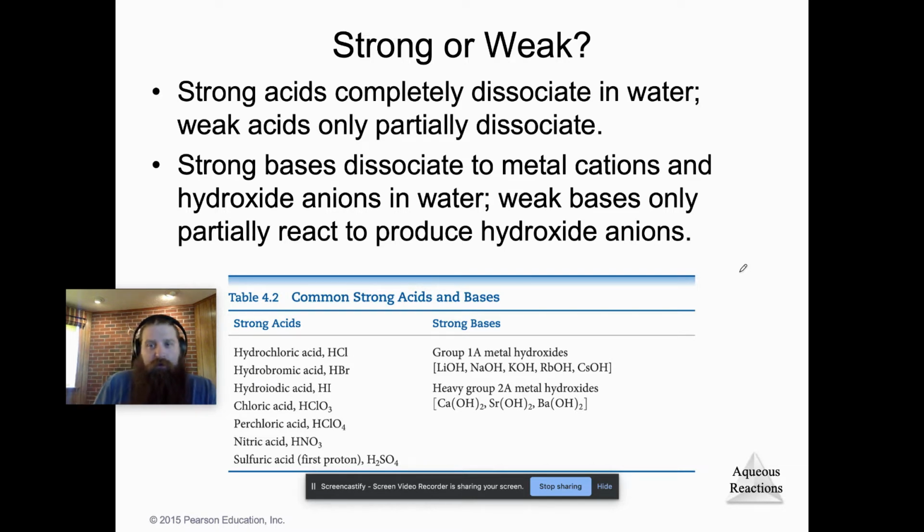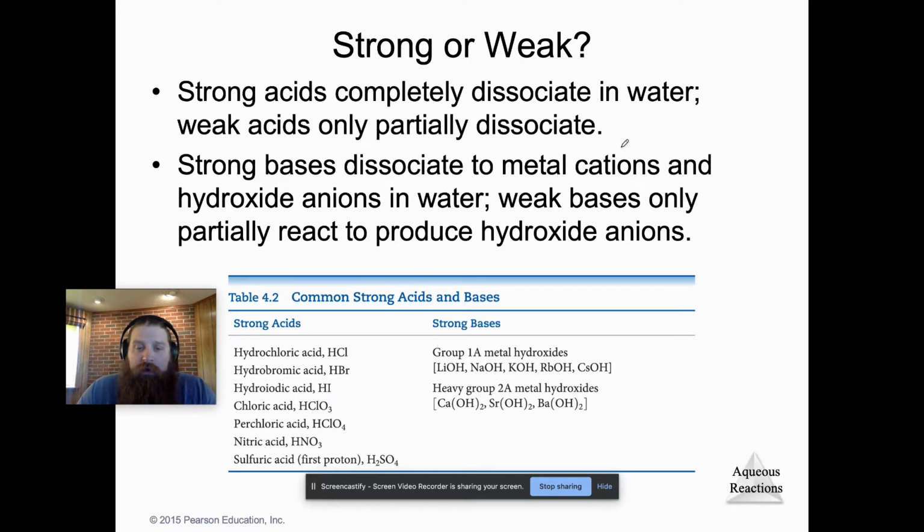Great example of this, okay? HF, hydrofluoric acid. HF is not on the strong acid list, but it is extremely corrosive. So it doesn't release its hydrogen ion very well, but that doesn't have anything to do with how corrosive it is as a substance, all right?